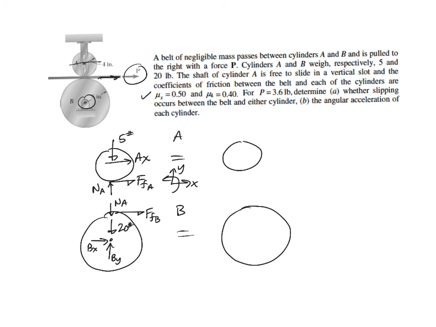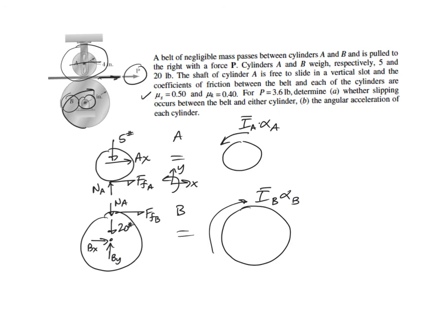Over on the right-hand side, what I've got with cylinder A is just the moment of inertia of A times alpha A. Over on this side, I've got cylinder B, which would have I bar B alpha B.